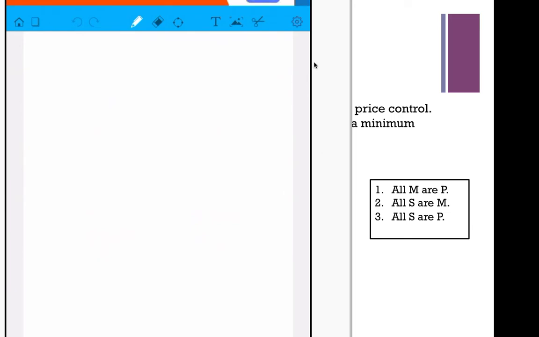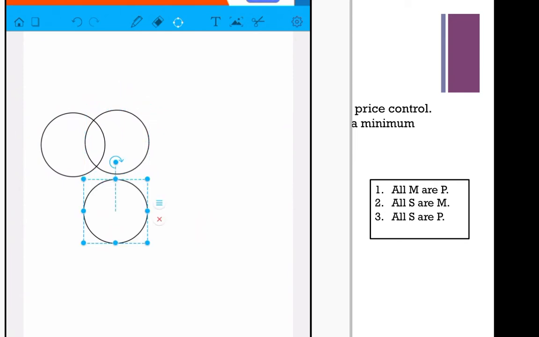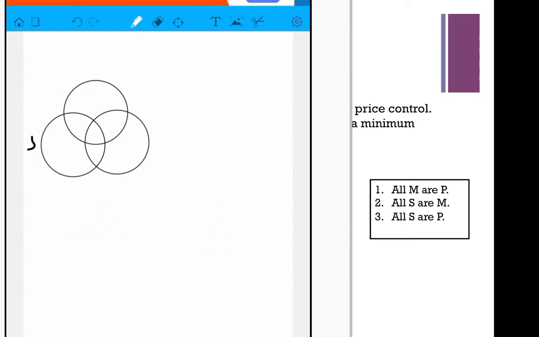All right, so let's diagram this argument. And like all diagrams, we're going to begin by drawing our 3 circles and labeling S, M, and P. And 1, 2, 3, 4, 5, 6, 7. All right, we do that.